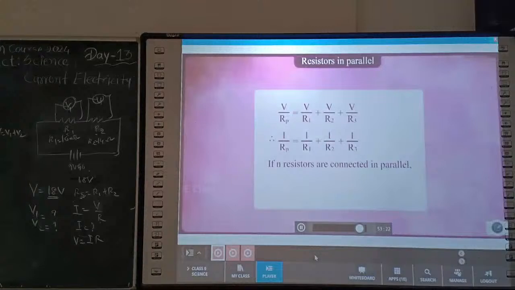If n resistors are connected in parallel, 1 upon Rp is equal to 1 upon R1 plus 1 upon R2 plus 1 upon R3 up to 1 upon Rn.